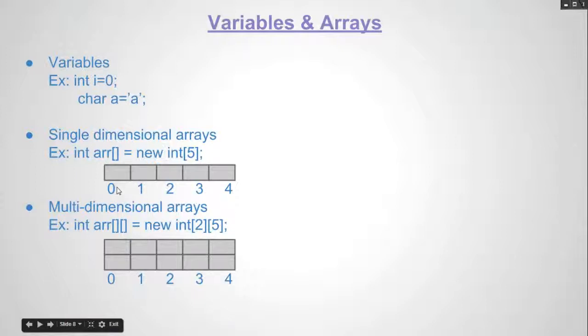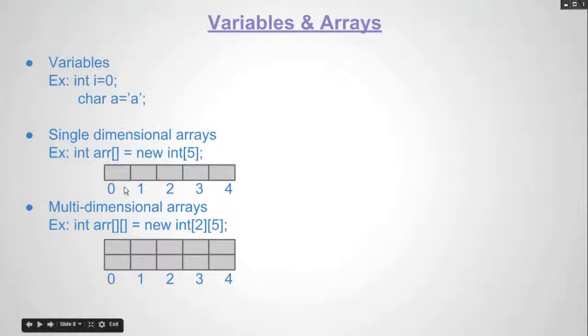The index is the term that we call for accessing the array elements. The index of the first element is 0, the index of the second element is 1, and the third element is 2, and so on. So the index of an array starts from 0.